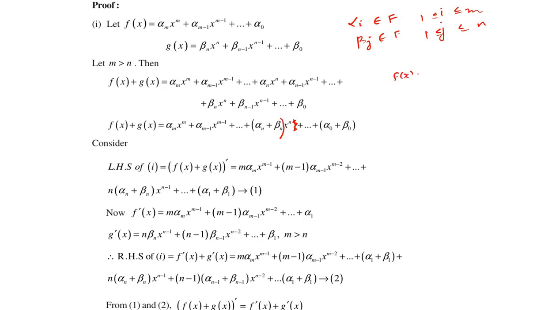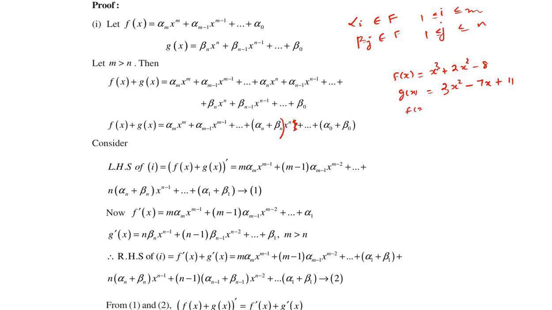Now for example, f of x is x cube plus 2x square minus 8, and g of x is 3x square minus 7x plus 11.